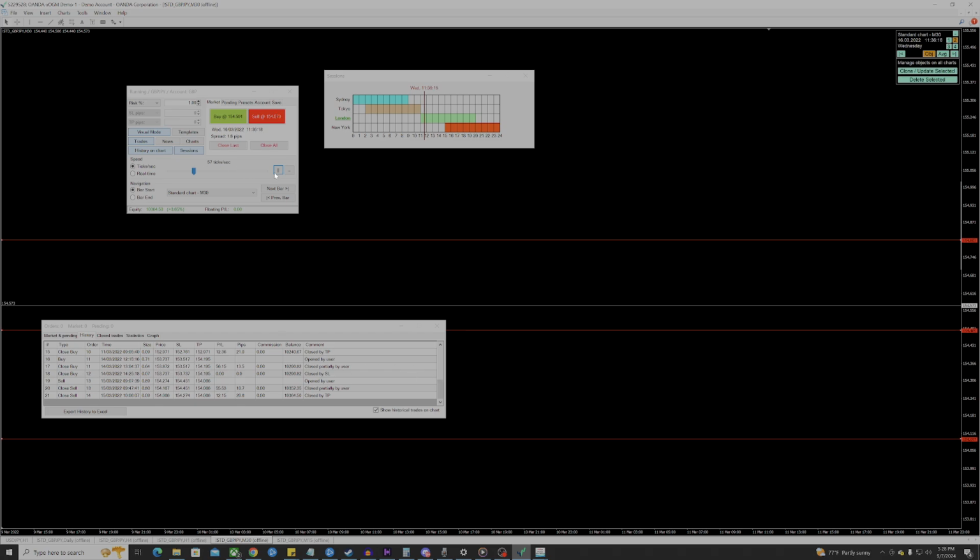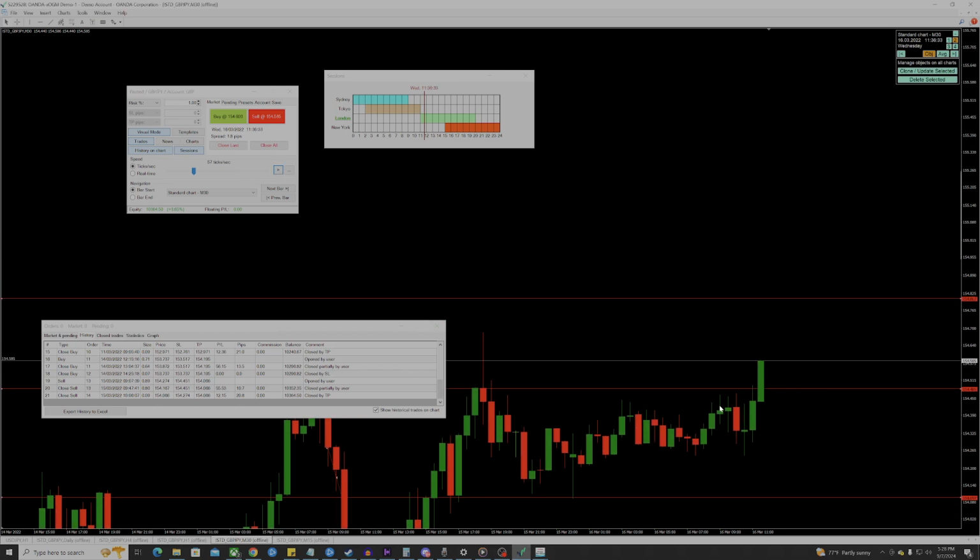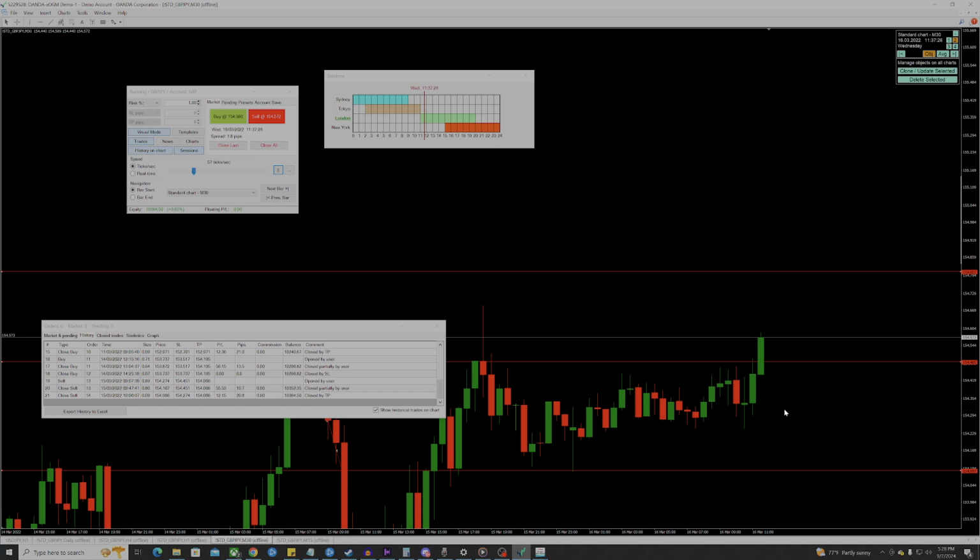Hold on a second, let's pause it. So you can see it's 6 minutes past the 30-minute candle. All right, so we're pushing. No wick, strong bullish push. So if we get the closure, we'll go 2%.